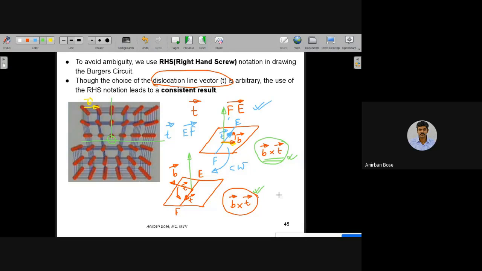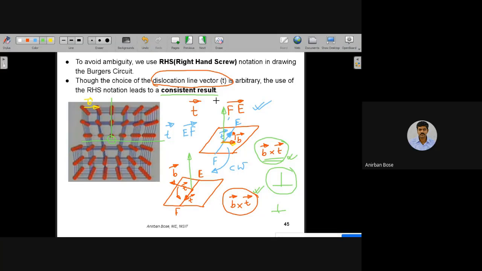So this particular kind of edge dislocation is called a positive edge dislocation, and it is symbolized like this, as I have shown you, as if the slip plane and the part plane have been shown, and the upper part will be the part plane. So you have seen that we are getting a consistent result even if we consider different directions of T. Individually, the direction of T or the direction of B does not mean anything.